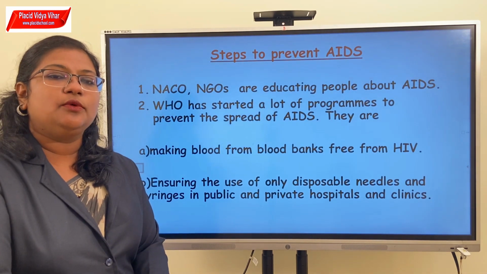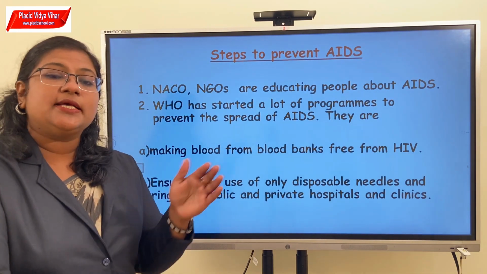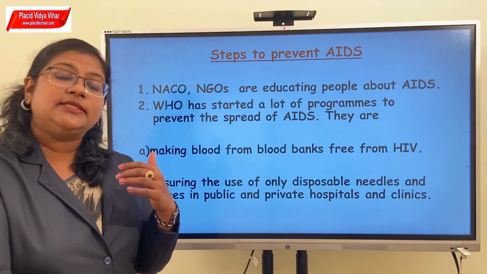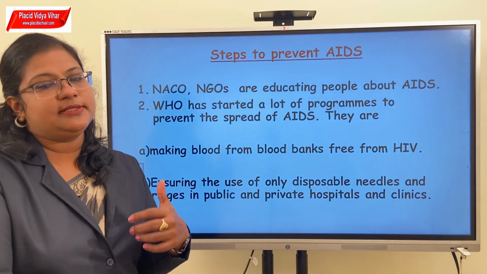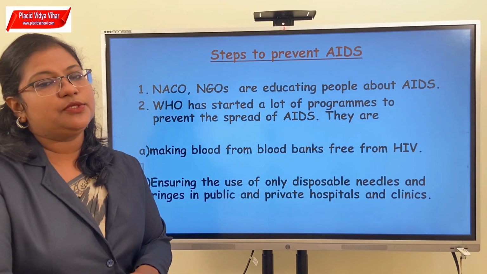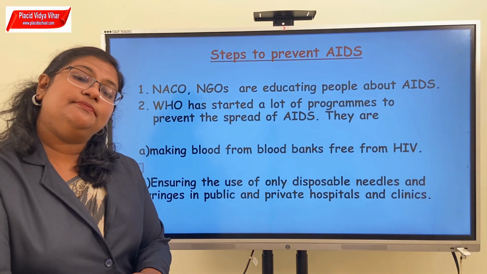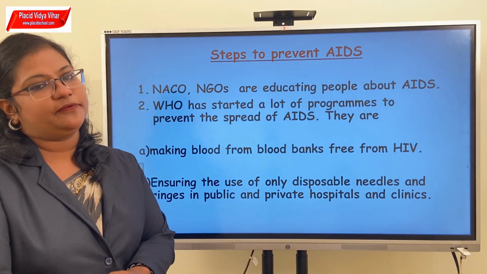That is, we know that when a donor is giving blood, he has to undergo several tests which determine whether he has a particular disease or not. In the case of AIDS, the screening test is usually to screen for antibodies. But the screening for antibodies may be negative in the initial stages of the disease.